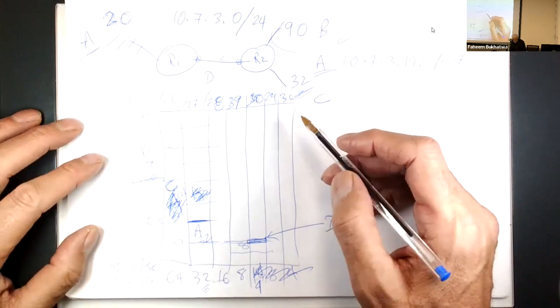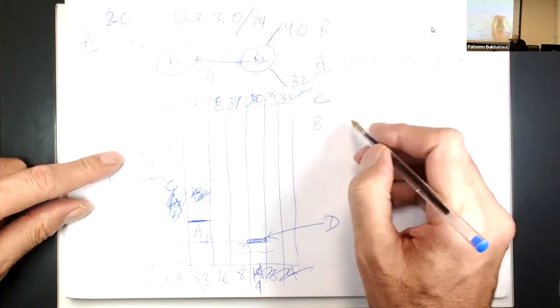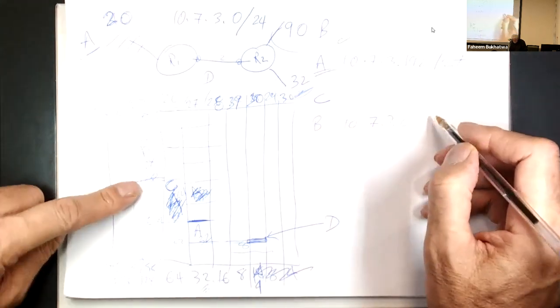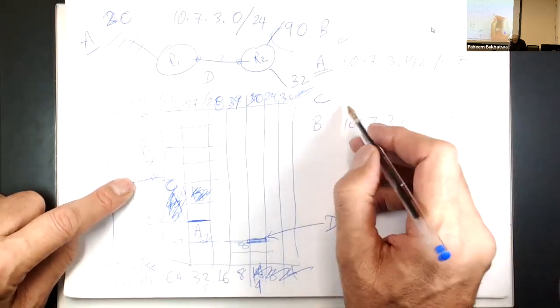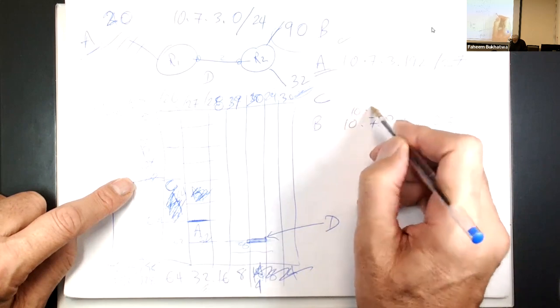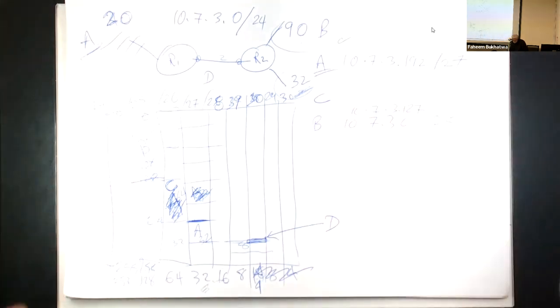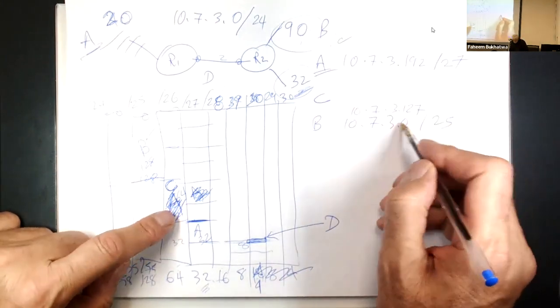Who's on B? Yep, network B. So that occurs at 10.3.0. And what's the broadcast address? 10.127. Sorry.